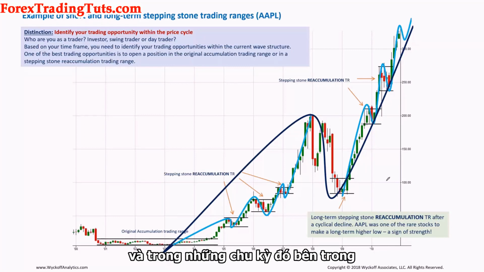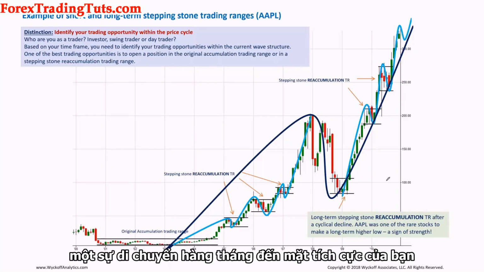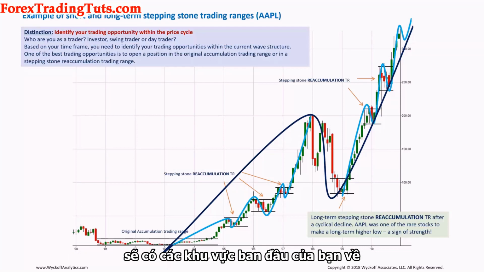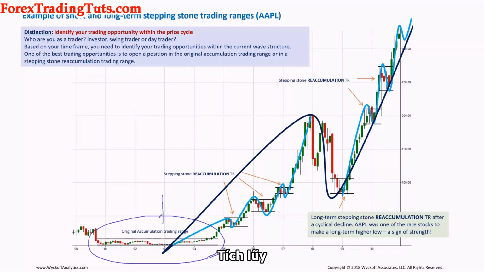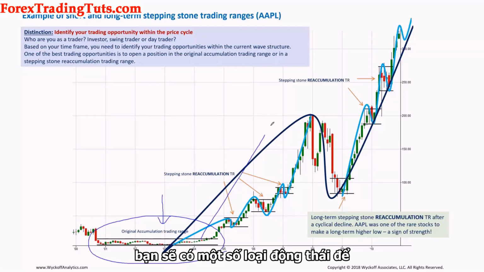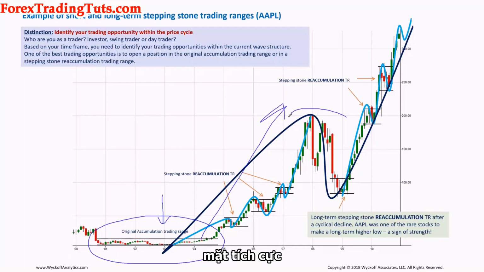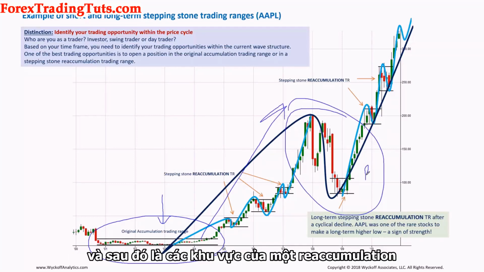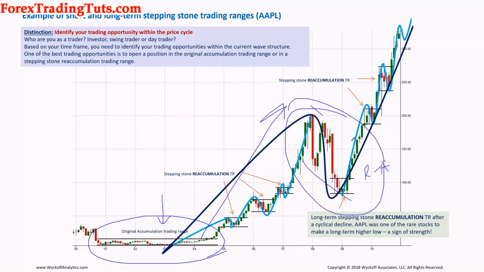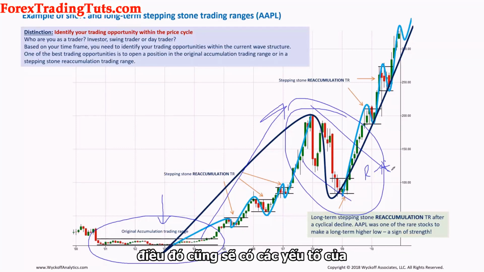And within large cycles, like a monthly cycle, a monthly move to the upside, you are going to have your original areas of accumulation. You're going to have some moves to the upside, and then areas of reaccumulation that would have some elements of distribution, which are going to be short-term elements, that will also have elements of absorption.